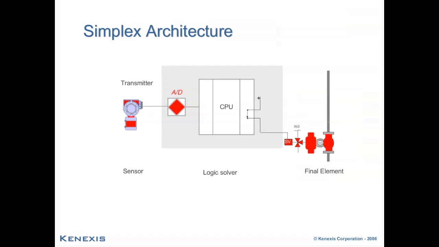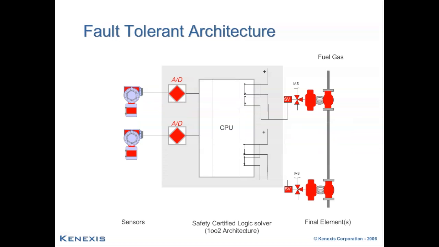So in this case, here's a simplex architecture with 1 transmitter, 1 final element, and a single-channel PLC architecture. And this would be a fault-tolerant architecture where we have multiple field devices, both in terms of sensors and final elements, each capable of putting the process into a safe state, and a fault-tolerant CPU architecture.